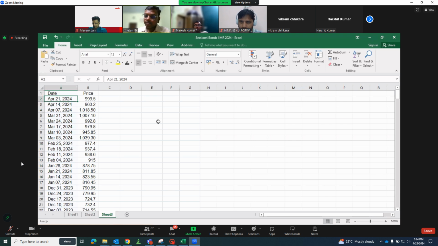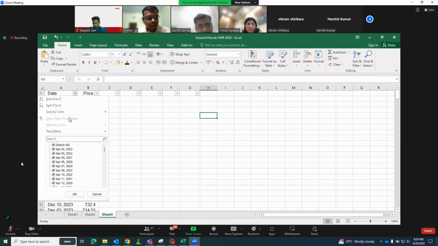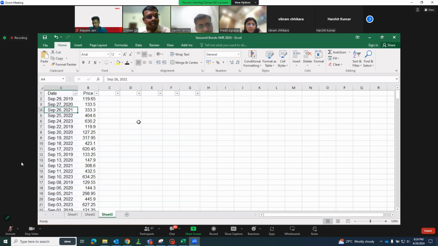What should I do now? You can sort it. Okay, so I'll put sort now. Sort and filter, data. Which means I have to go here, Z to A. But if I do it, you can see 20, 21, 22, everything is clubbed. It is not happening on the basis of date.